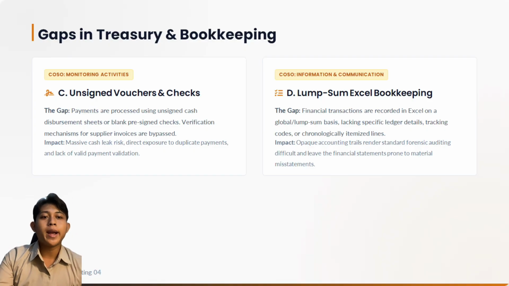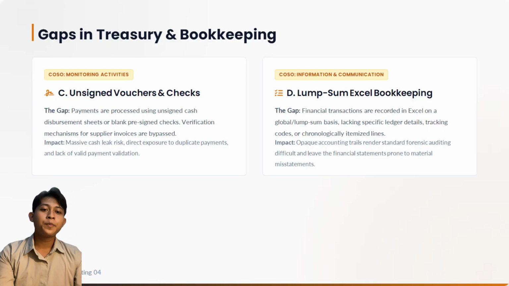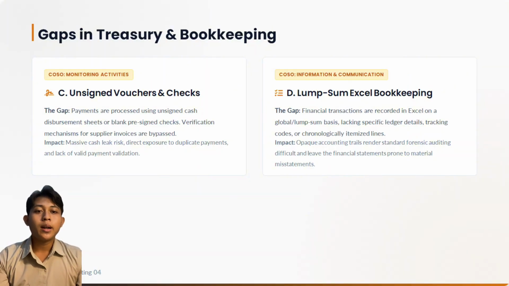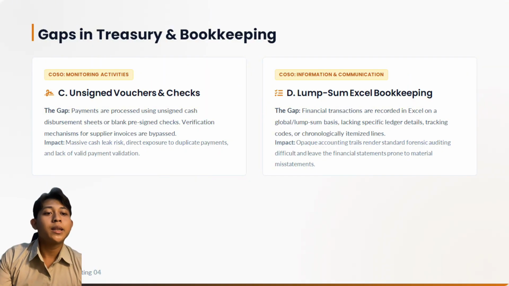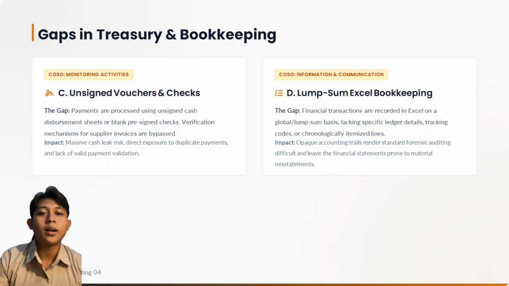Management could make the wrong business decision, and most critically, it creates a weak audit trail, making it difficult to trace funds if a cash discrepancy occurs.